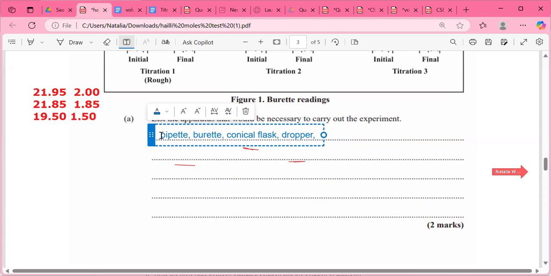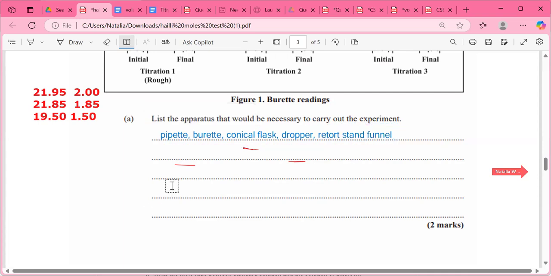So that's a material. I need a retort stand. And they need a funnel to fill the burette. Clear? Yes, ma'am. Yes, miss.